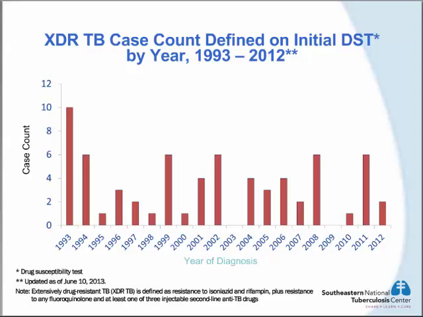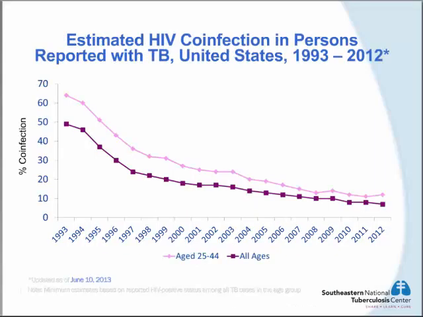In 2012, there were only 2 reported cases of XDR in the United States. And in this graph, we see the rates of co-infection with HIV, and you can see that it has decreased significantly, and it remains low in the U.S., about 10% for all ages, and a little bit higher for the patients that are between 25 and 44 years of age.